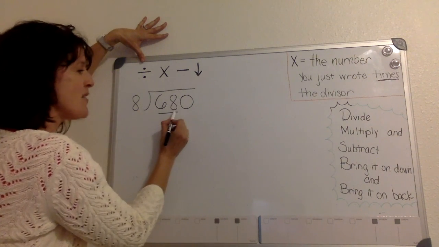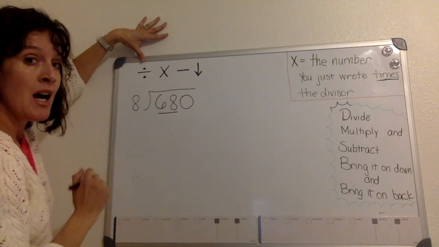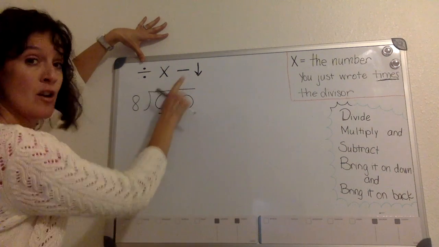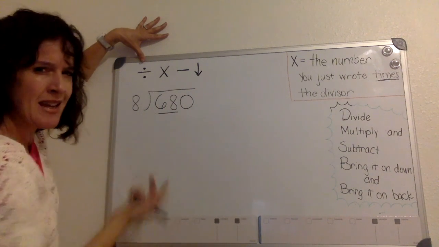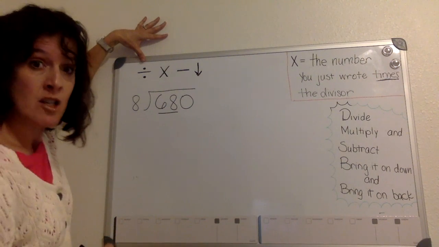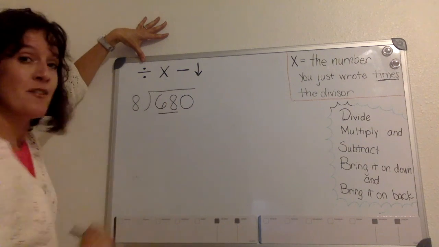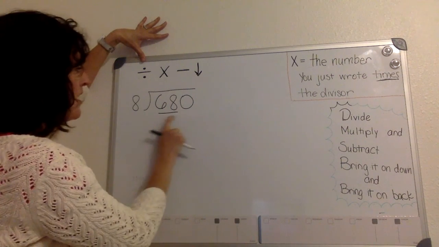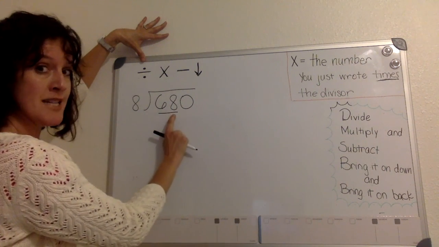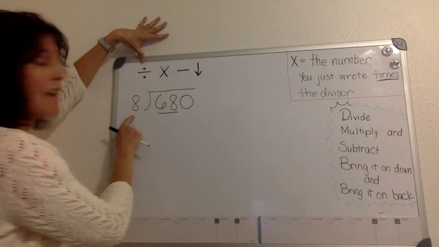Just so you know, if I happen to have a 0 somewhere later in my problem, I have to write that 0 in there, okay? But remember, in the beginning, we don't say she has 047 Skittles. We just say she has 47 Skittles. So if that 0 comes at the very beginning, I can just skip that and move on. 68 divided by 8.